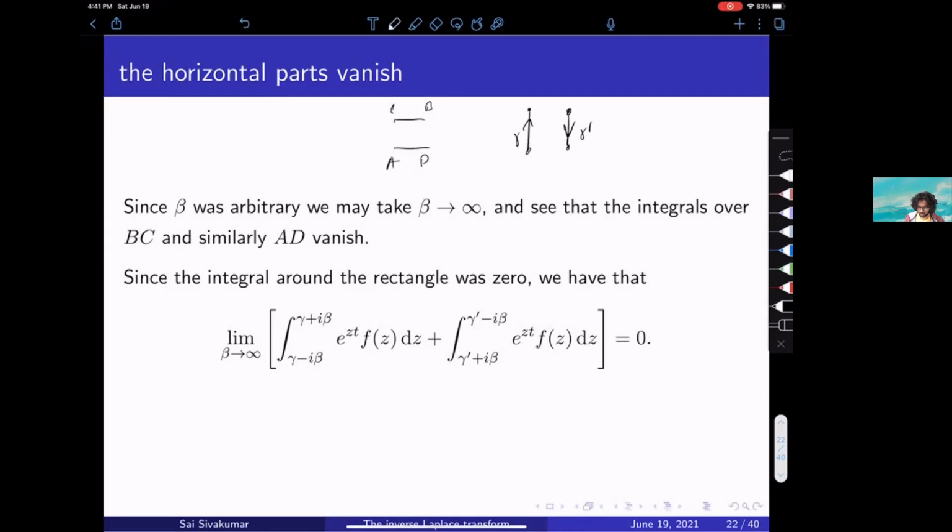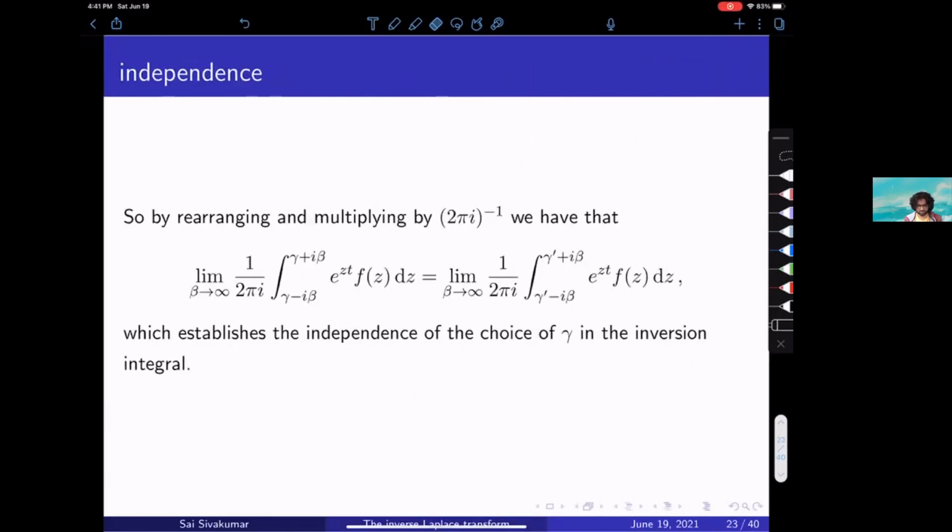So then you can take this thing and move it to the other side. And when you do that, you negate it, and you can swap the bounds. And so basically it's the same integral, just with a different gamma. And so if they're equal, then this is it. You just get the equality for two different gamma.